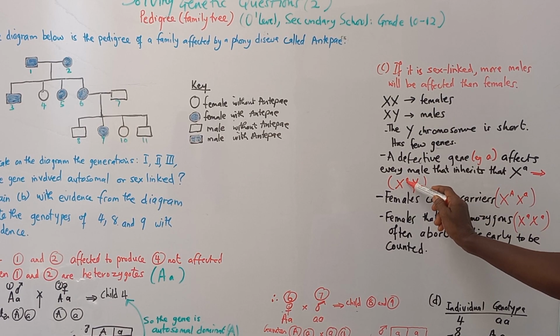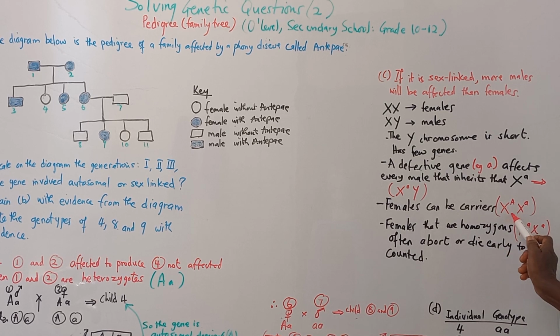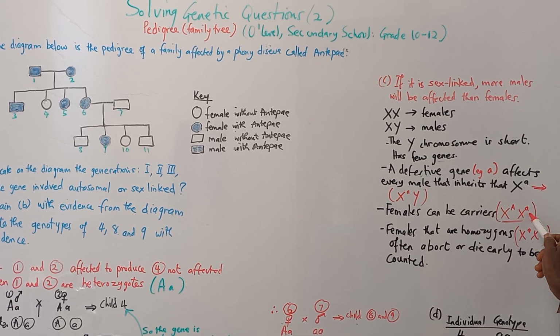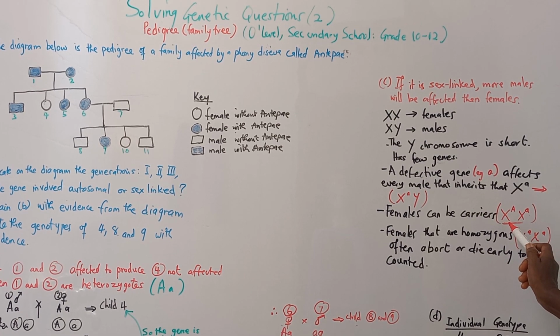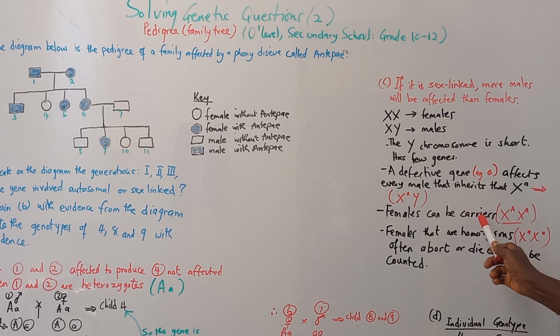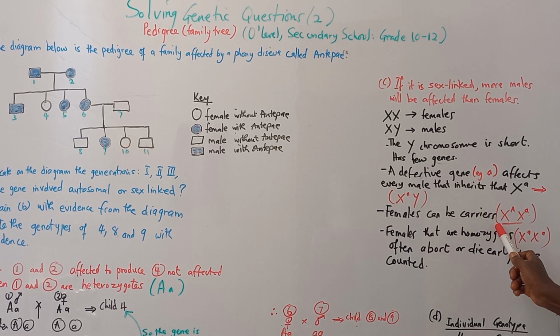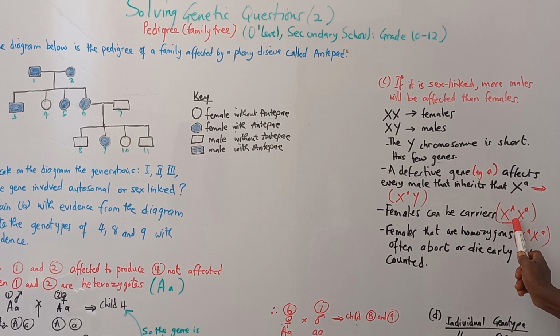But look at the females: they are carriers. The gene is there, but you will not see it in the phenotype of the female. So sex-linked characters are more indicated in the males than in the females, who tend to be carriers.